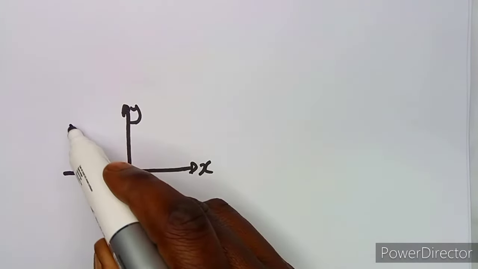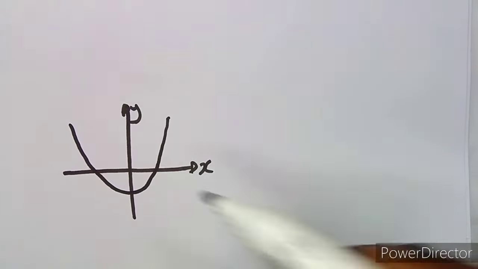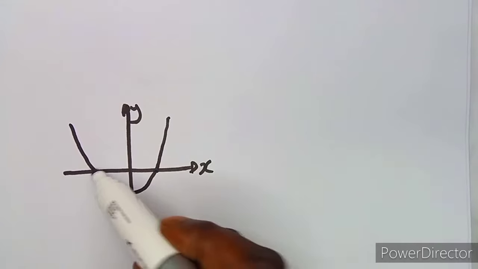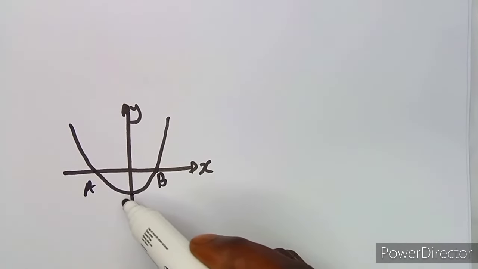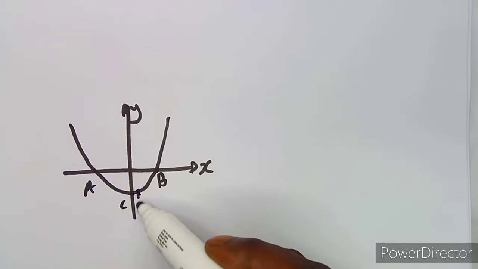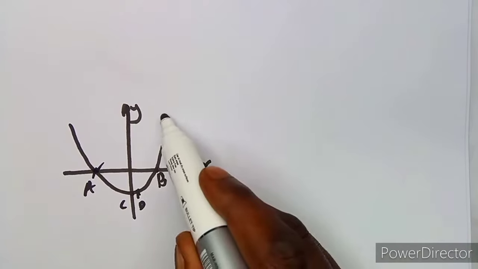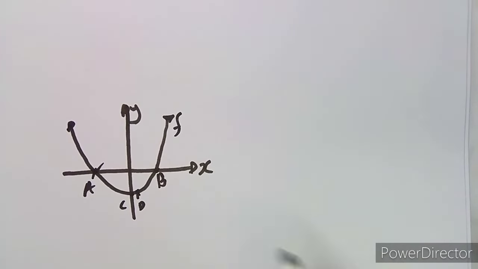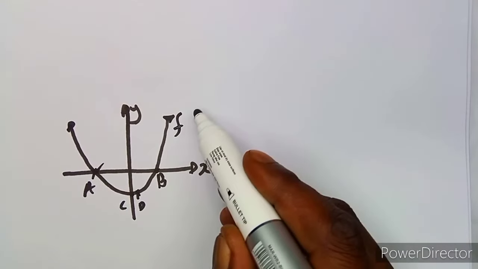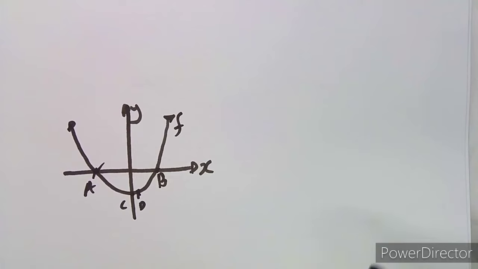A parabola looks like this. Let's just say this is A and this is B and this is C, and we've got a point D there. This is f for the function, y is equal to whatever equation you're given.